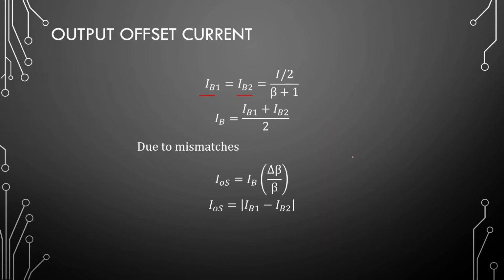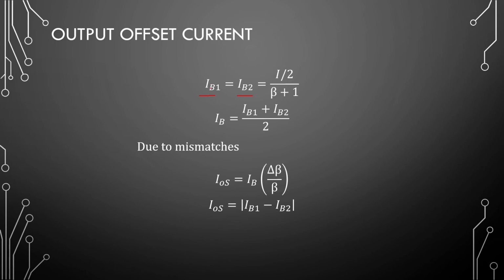They need to be the same, because if we have matched transistors, they need to be equivalent. So the bias current is I over 2, so 1 milliampere divided by 2 divided by beta plus 1 will give us your bias current.